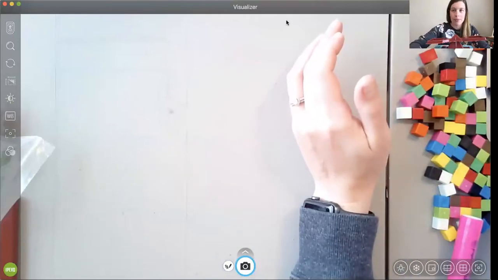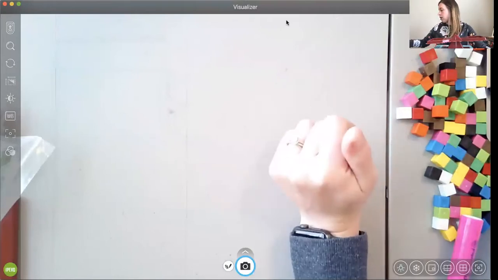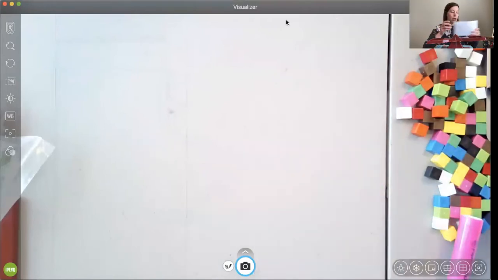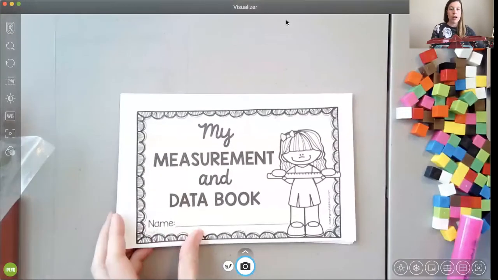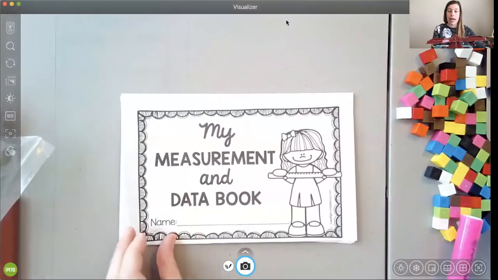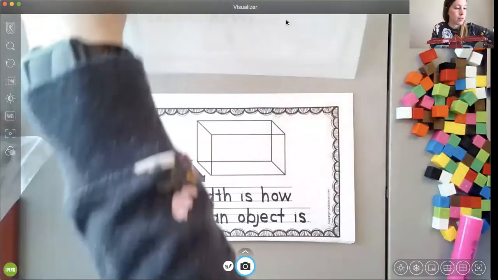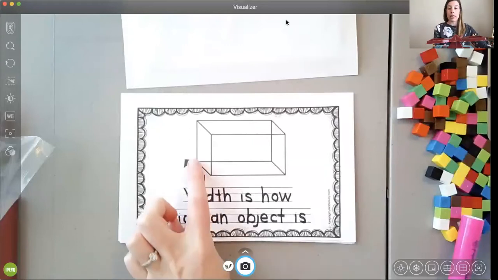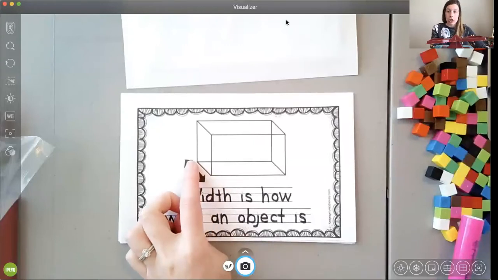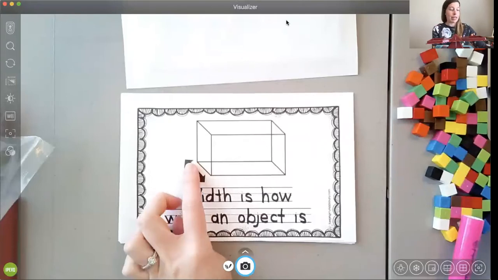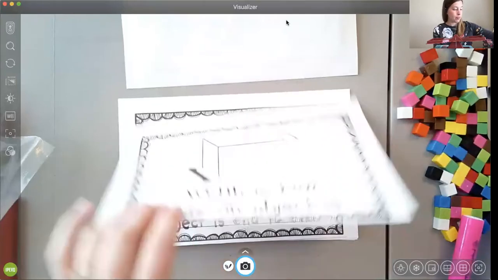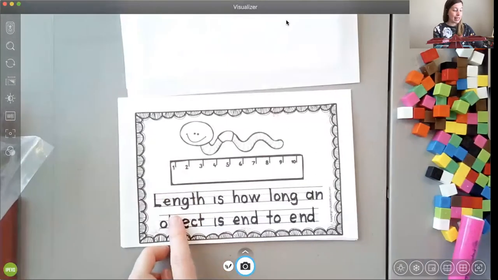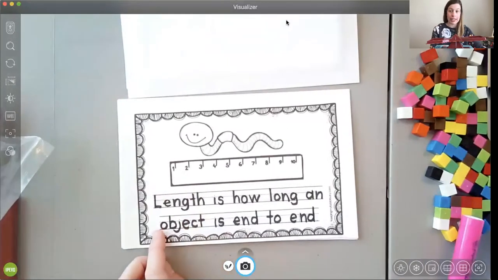Okay. Let's use our measurement book real quick to get us warmed up with measurement. So here is my measurement and data book. We have the width. The width is how wide an object is. We talked about that last week when we measured the book that I gave my dad for Father's Day. Length is how long an object is from end to end, right?